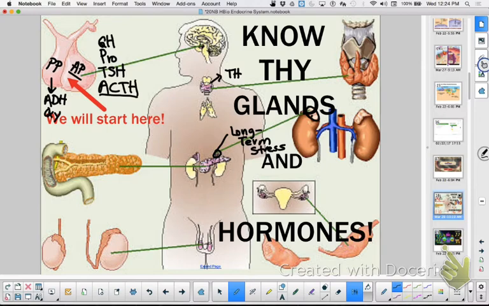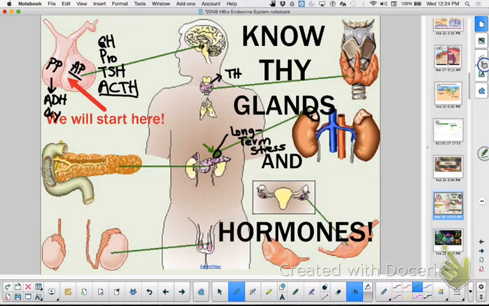Whereas from the inside of the adrenal gland, your adrenal medulla, what is that one? It's short term, but those hormones you did need to know. Yeah, epinephrine or adrenaline and norepinephrine.